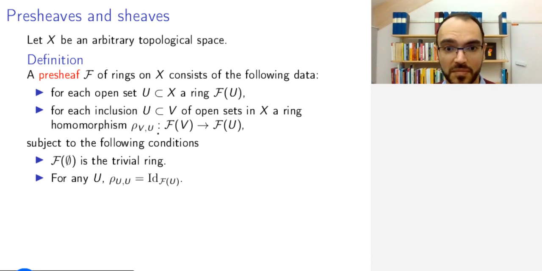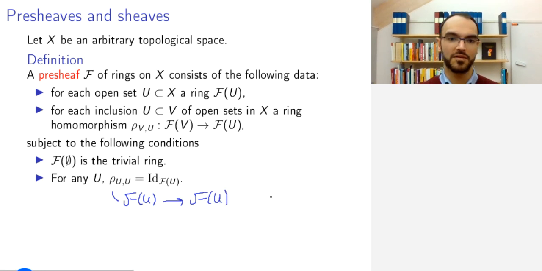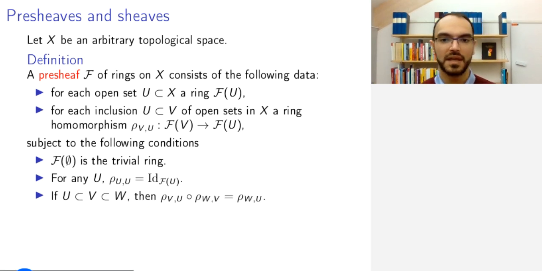So remember from the definition, this should be a ring homomorphism that goes from F(U) to F(U), and we want it to be the identity homomorphism. And we want restrictions to respect composition, as before.